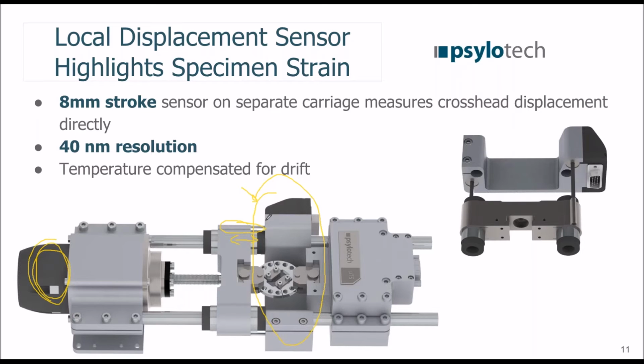We don't use DIC in the real-time control loop due to its problematic loss of correlation. You can have the sample break if you were to lose correlation. With an 8 millimeter stroke, we're able to get down to a 40 nanometer resolution displacement reading using these inductive coils. You can see this is just this turned on its side, housed inside of our displacement sensor. It's not a requirement for doing under-microscope DIC, but it does help for some of the more advanced control features.